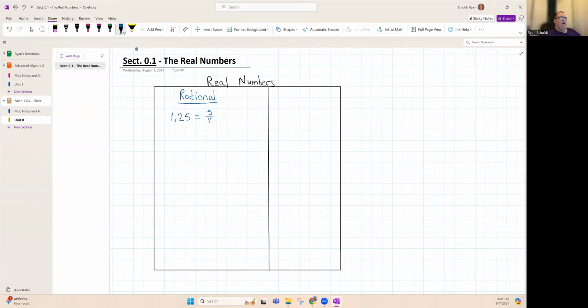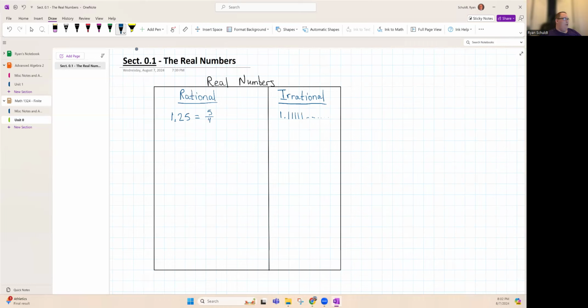That's a rational number. Our other type of real number is an irrational number. Irrational numbers go on and on and on forever. They don't have an end. So irrational would be like if you did something like 11 divided by 9. That would give you 1.11111. It's never going to end. It's just going to be ones going on forever.